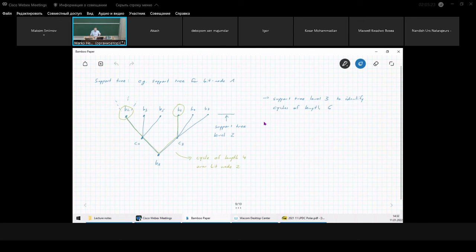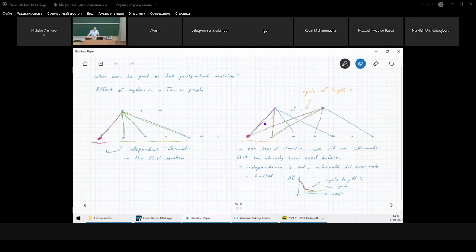Because with the cycle of length 4, already after the second iteration, I'm reusing information. Whereas if I had a cycle of length 6, I could already have 3 iterations, where in each iteration I get independent information. Just after the third iteration, I would start reusing stuff that I already used before.